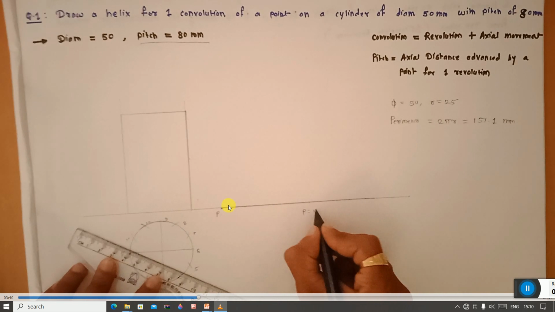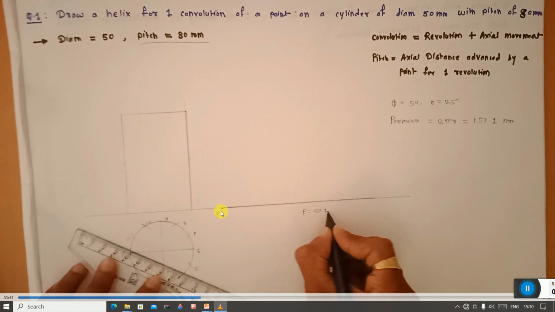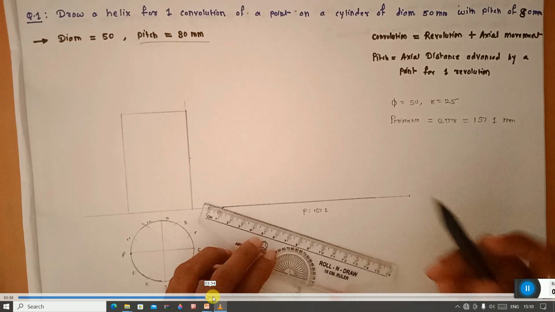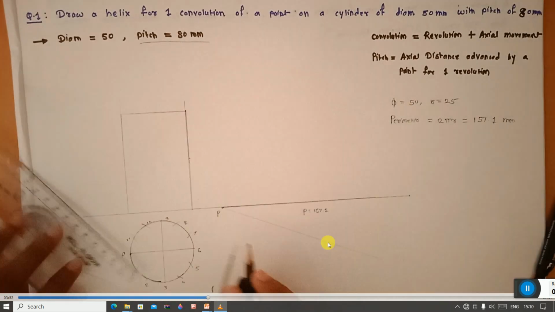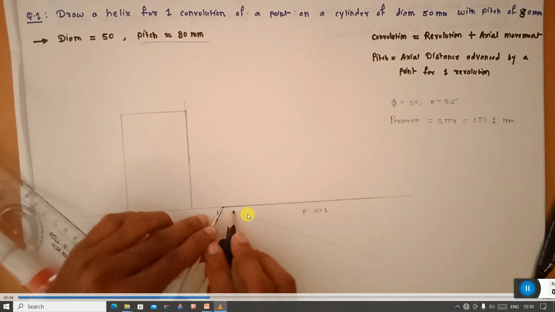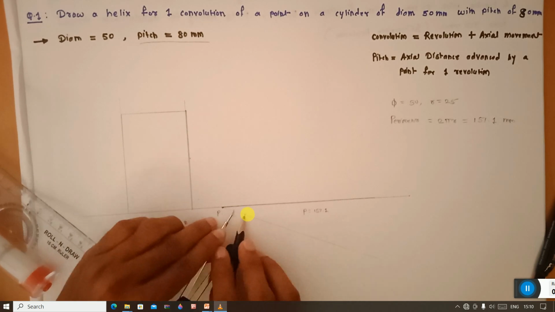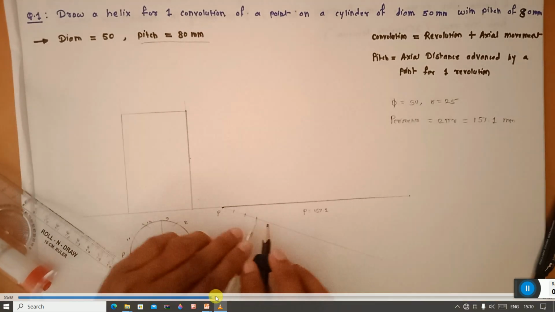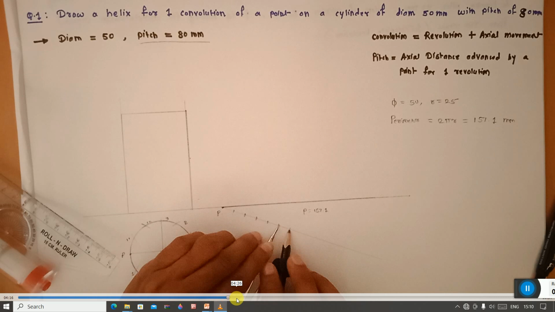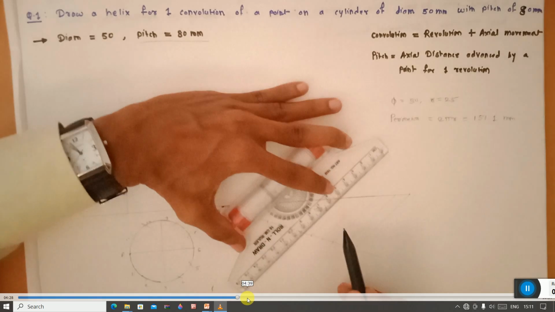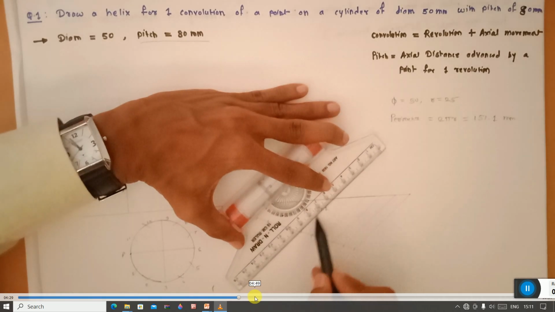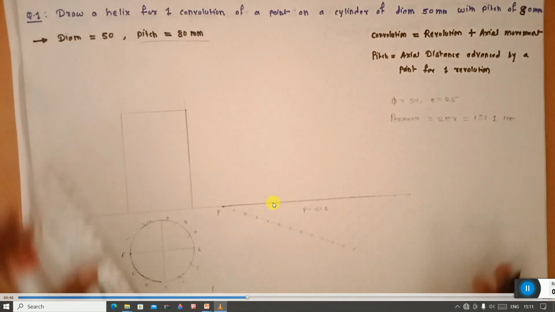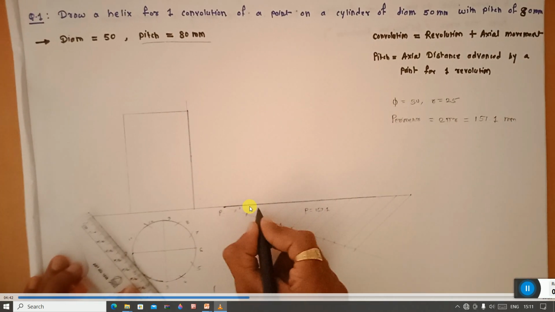Now divide this 157 millimeter line into 12 equal parts. You can use the geometrical construction, draw one line. Okay, so in this way we can divide the 157 millimeter line into 12 equal parts.